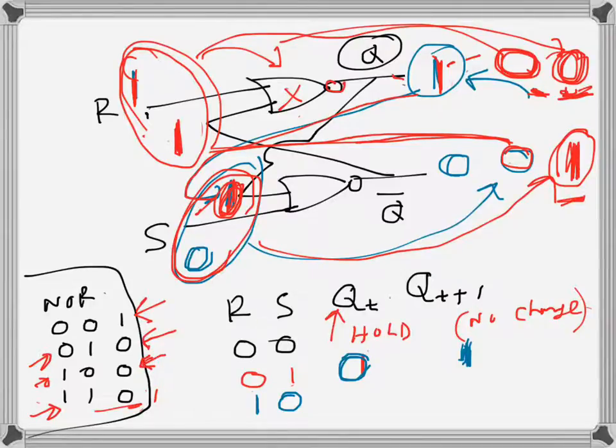So basically this one we started from 1 here and it has changed to 0. So that's the change actually, and we are just writing the Q's though. And now let's see what happens if we do 1 1. So both inputs are 1.